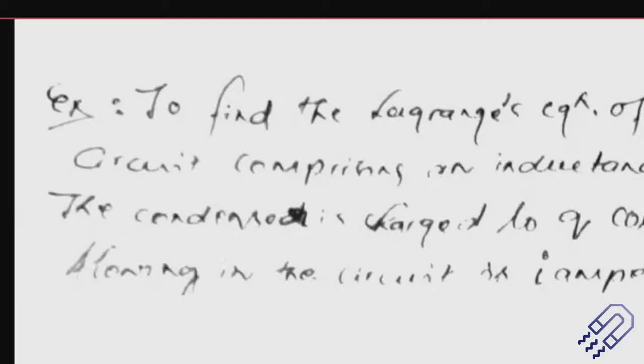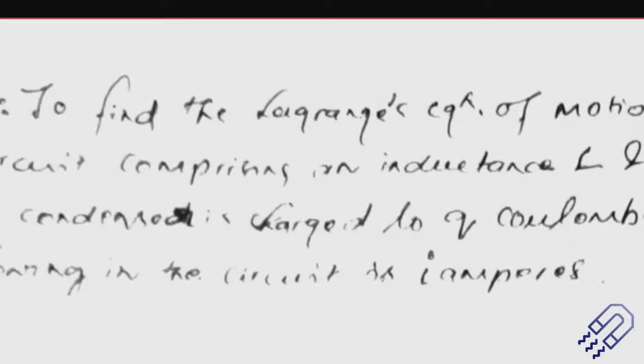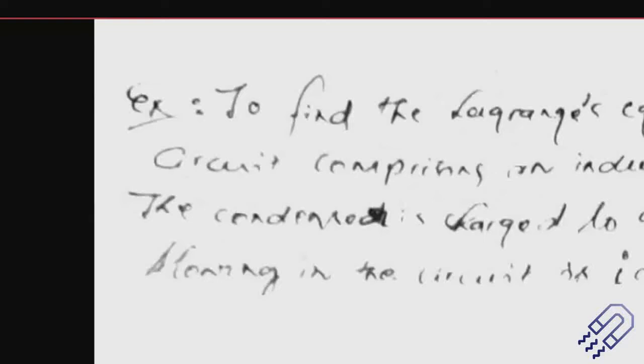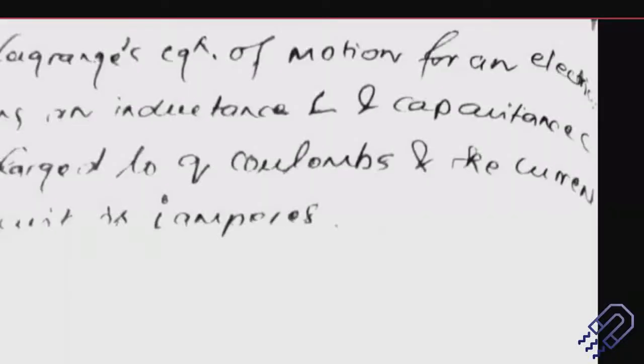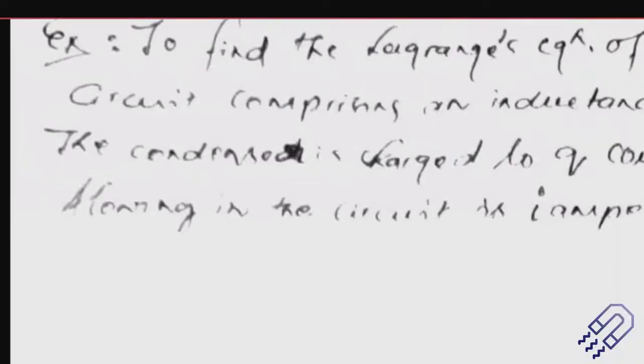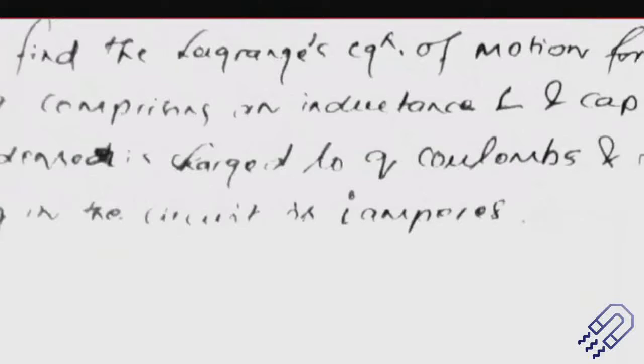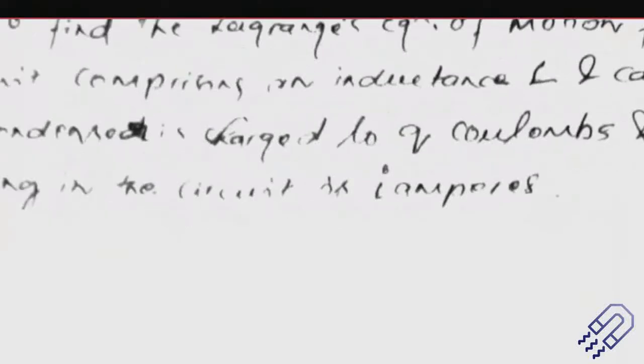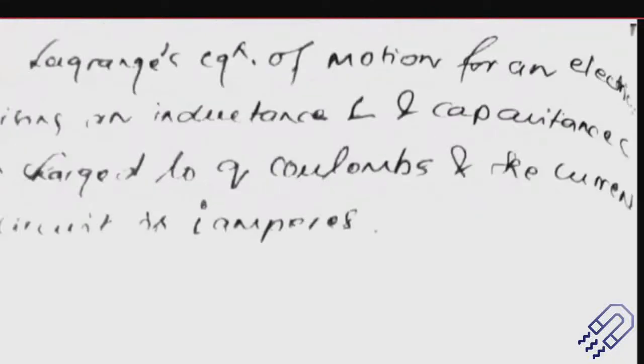So, find the Lagrange's equation of motion for an electric circuit, just read it through, comprising an inductor L and a capacitance C. The condenser is charged to Q coulombs, so the capacitor is basically charged to Q coulombs, and the current flowing in the circuit is I amperes.